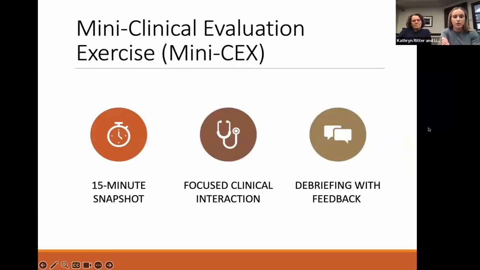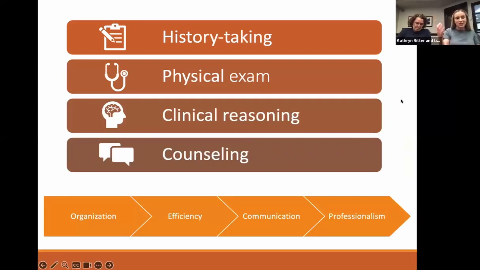You can also do a direct observation called a mini clinical exercise, which is really just a focused clinical interaction where you do a brief 15-minute snapshot of observation of your learner with the patient, and then make sure you do debriefing with feedback afterwards. Similar to direct observation of procedural skills, there are many different parts of the patient encounter that you can observe.